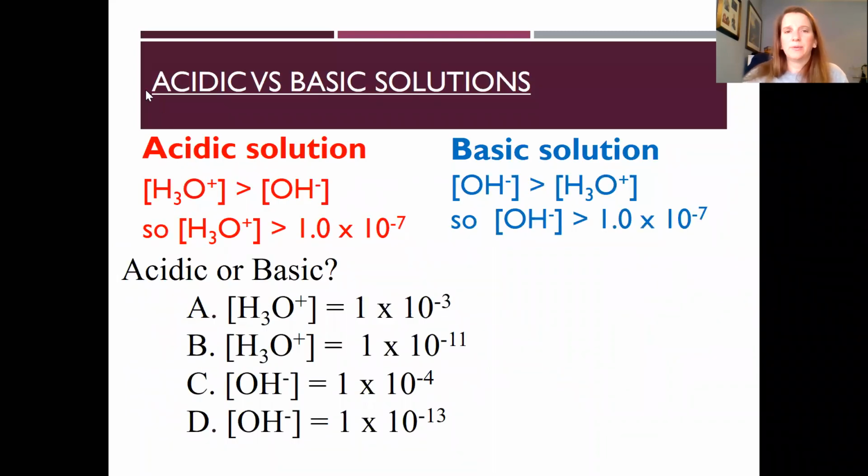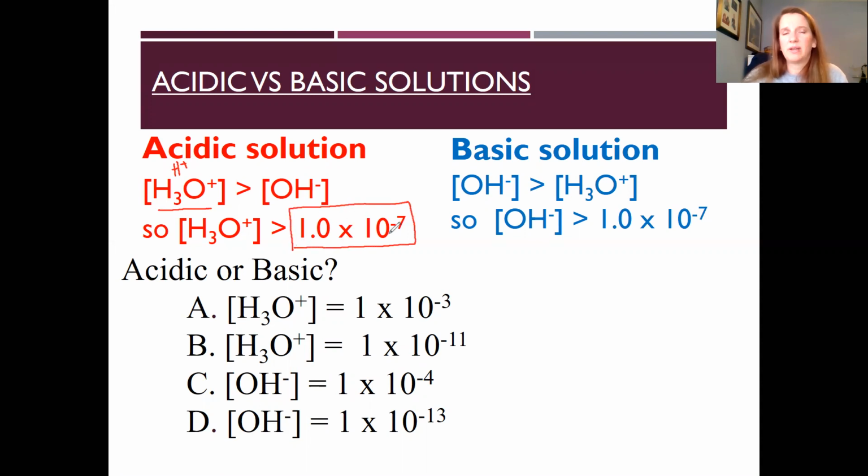Acidic solutions have a lot more of the hydronium, remember, that's the same thing as the hydrogen ions. It has a lot more of those ions present in the solution than hydroxide ions. Because it's making more hydrogen ions than hydroxide, the concentration of the hydronium ion would be greater than 1 × 10⁻⁷.